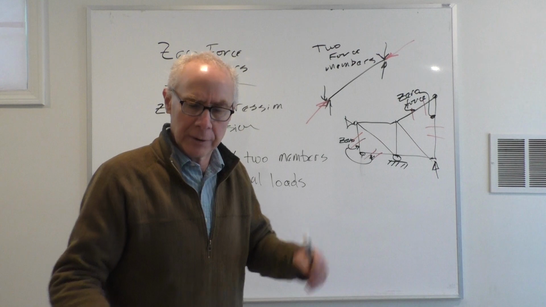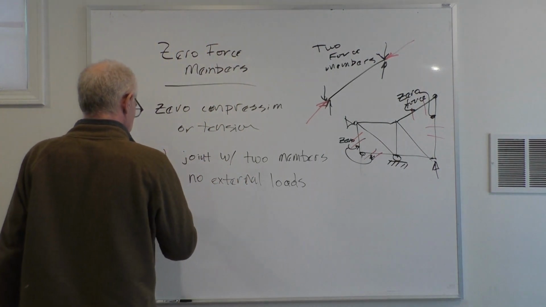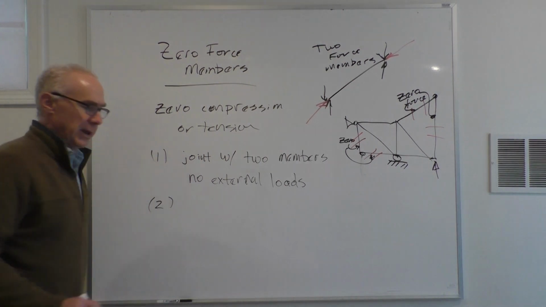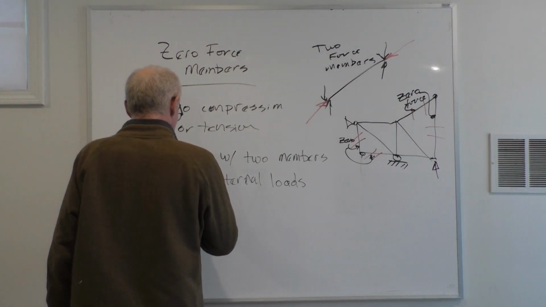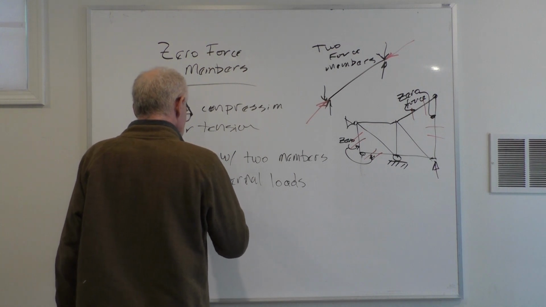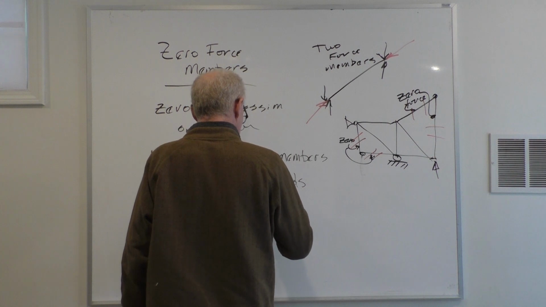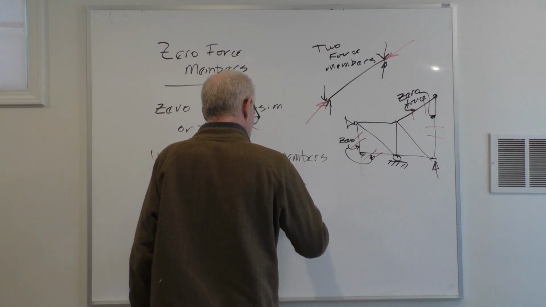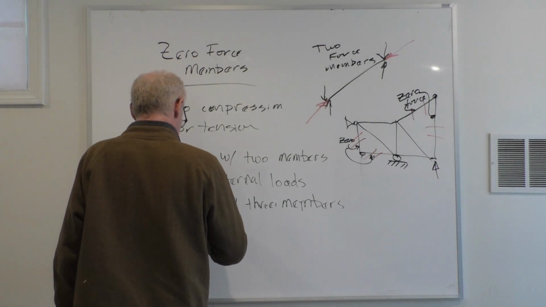So that was one. There's one other rule for finding these zero force members. And that would be if you have a joint with three members. No external loads like before.